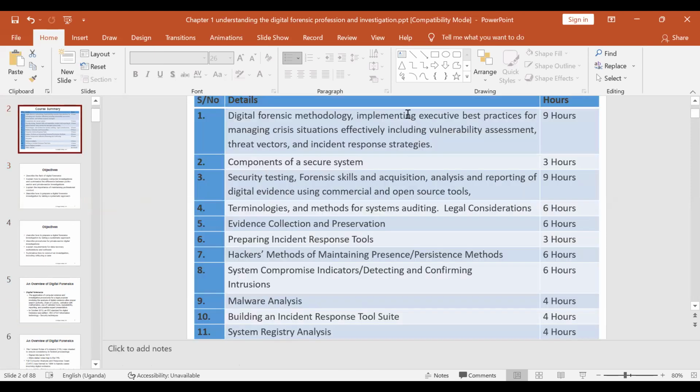In this slide, we're looking at the key core details of what we've covered or hoped to cover, and we've covered all the way to 8.